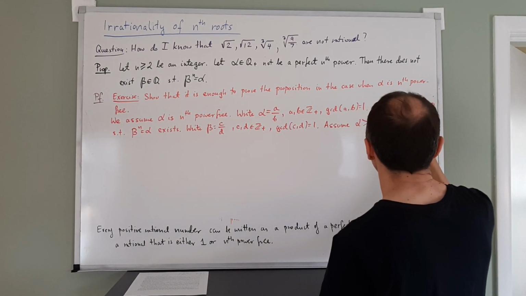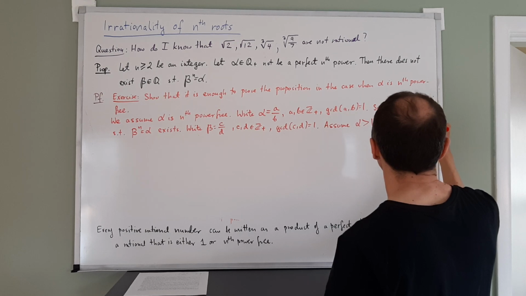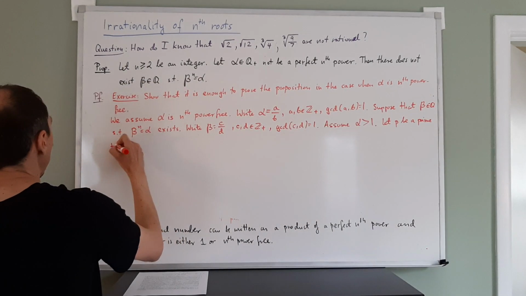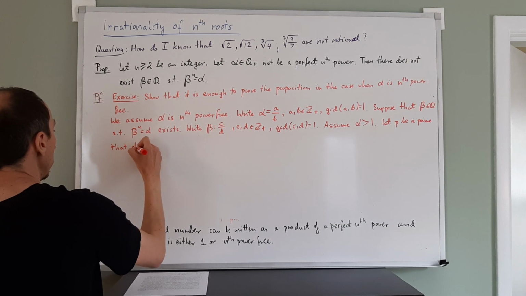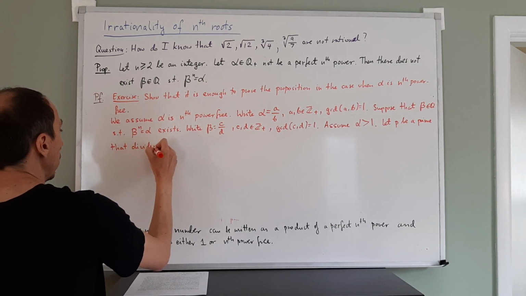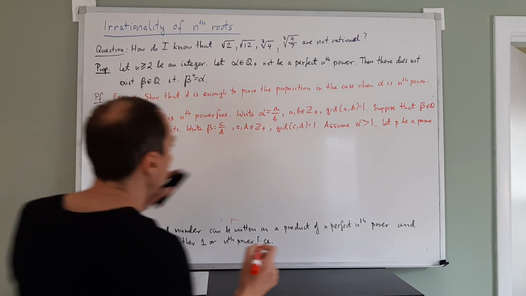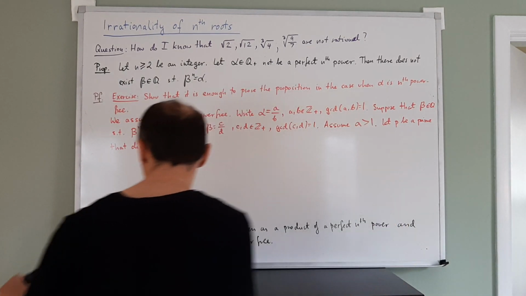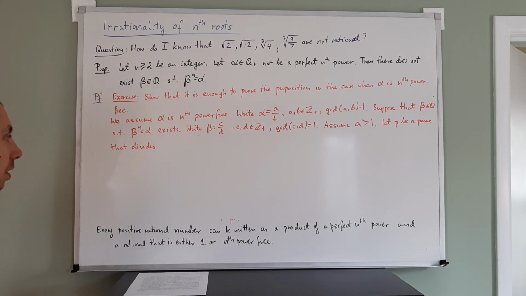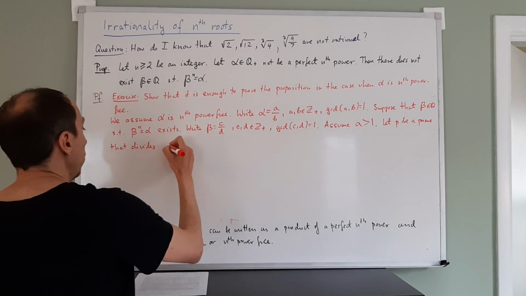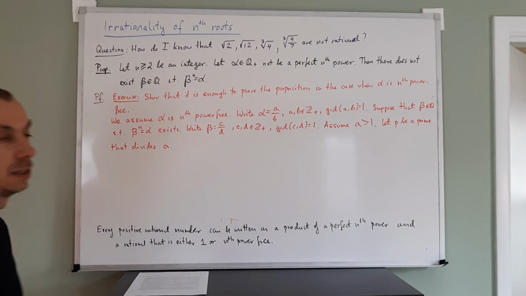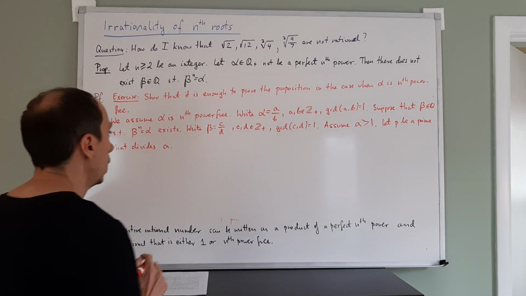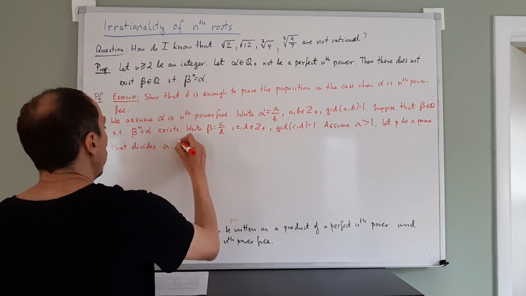So let p be a prime that divides a. Sorry, it's not alpha greater than 1, it's a greater than 1. So I'm assuming that the numerator of alpha is greater than 1. And then I can definitely find a prime that divides this numerator. Okay, what do we have?